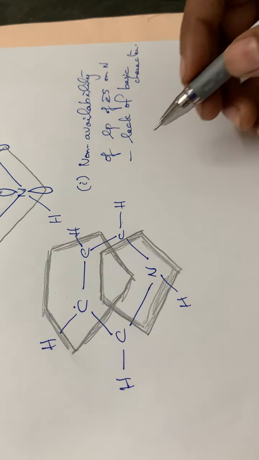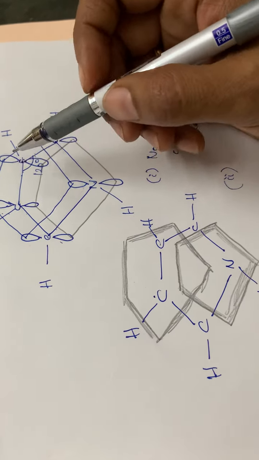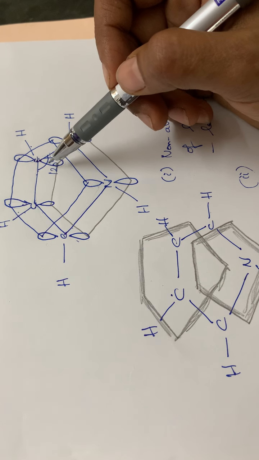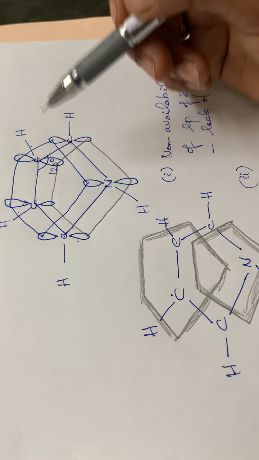Okay. Then the second one regarding the aromatic sextet. Here there is a pi electron cloud above and below the plane of the ring, isn't it? That means there are 6 pi electrons. These 6 pi electrons are included in the aromatic sextet.